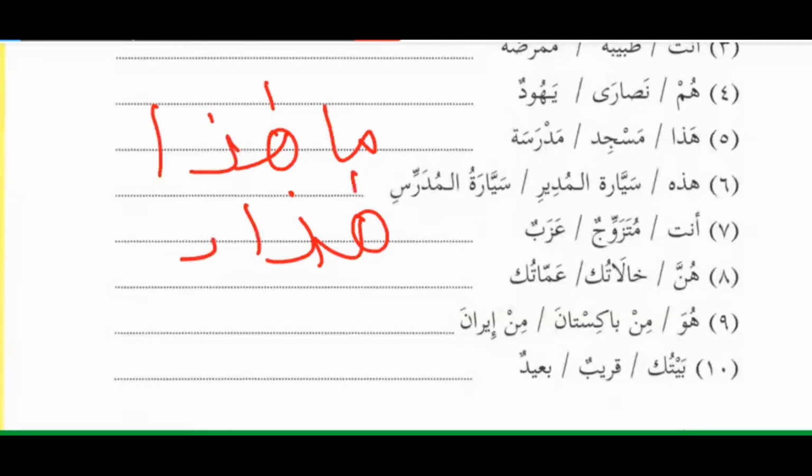Can anyone tell me, in book number 1, chapter number 1, we studied about this Hamza and we asked the question, but what we used to say there? We just simply used to say, mahaza, what is this? Then we used to say haza baitun.